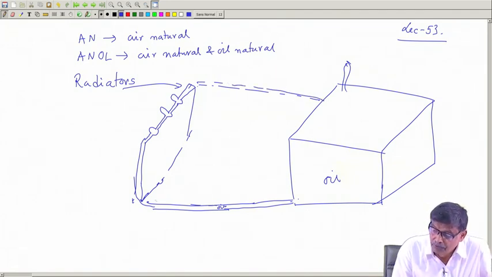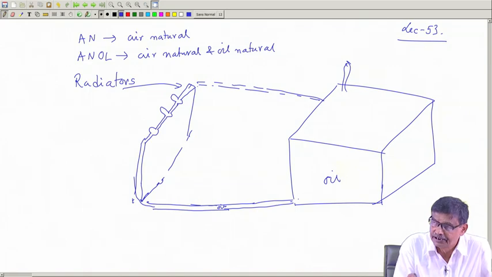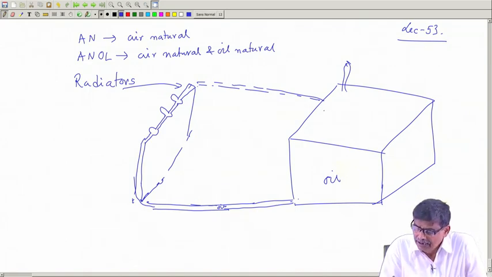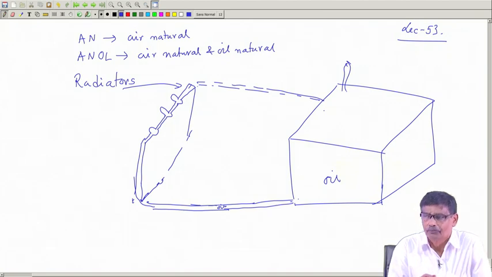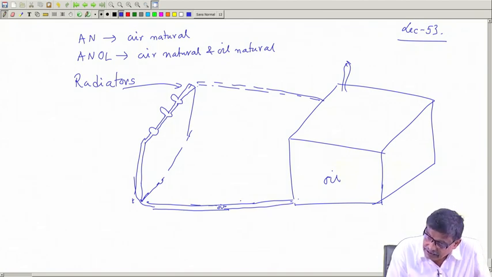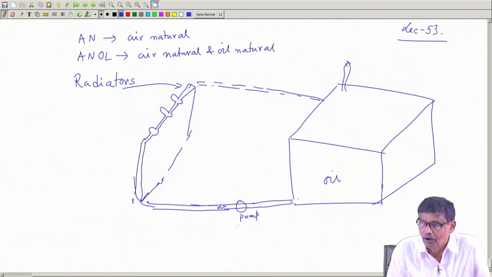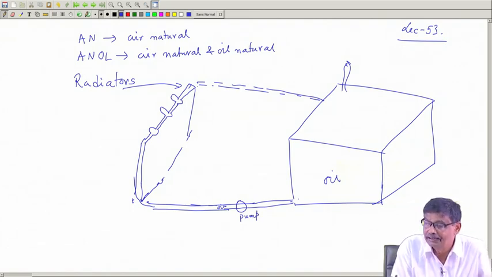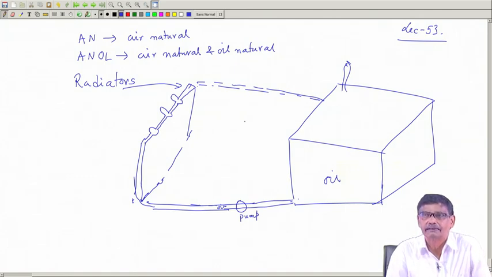So, oil will go through these radiating tubes all along and will come here. Now, oil on its own may not go. For large transformers, what they will connect is an oil pump. Oil will be forced to go there, go up and then return to the main tank.